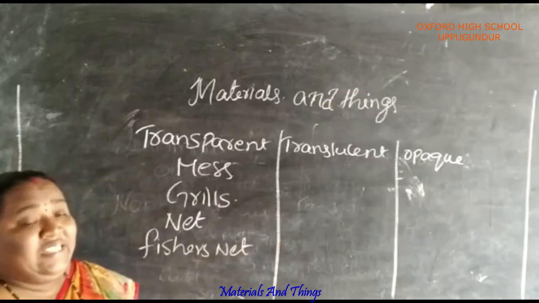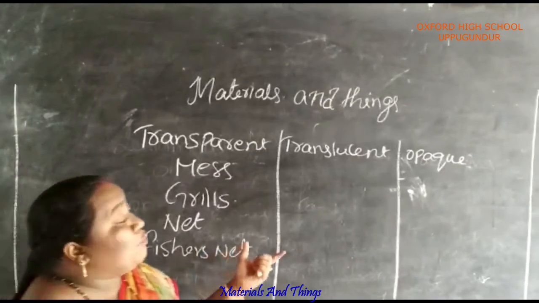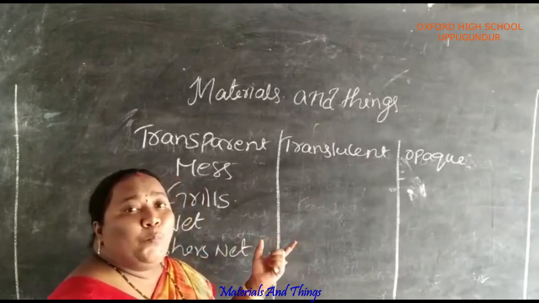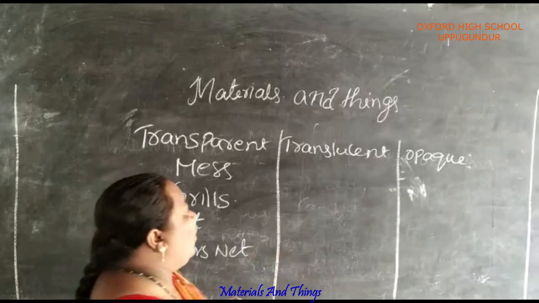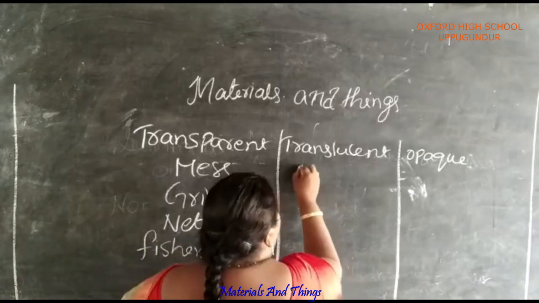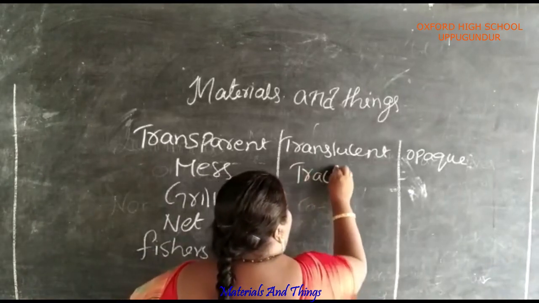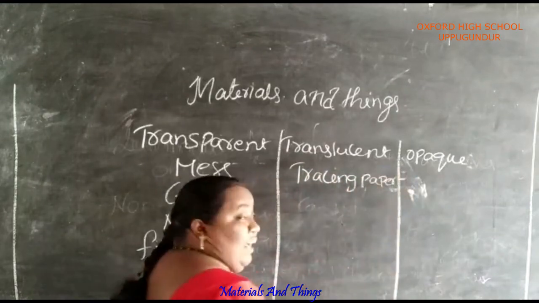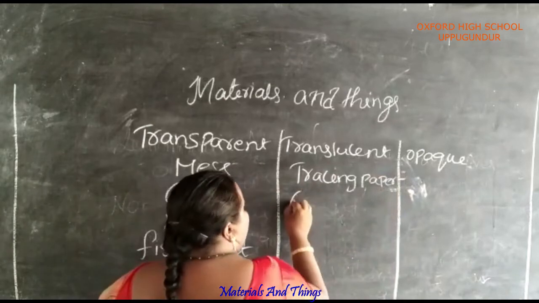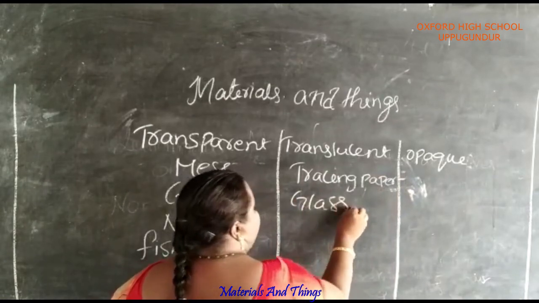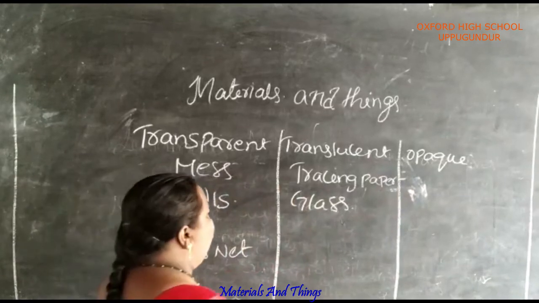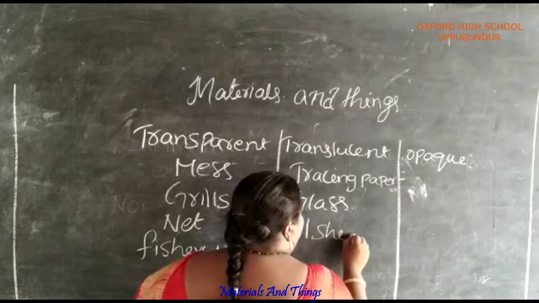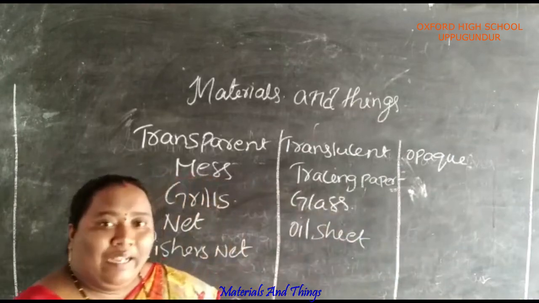Next, translucent. What is meant by translucent? The non-luminous object which allows the light to pass through partially. Examples: tracing paper, glass objects, oil sheet, etc. are examples for translucent.